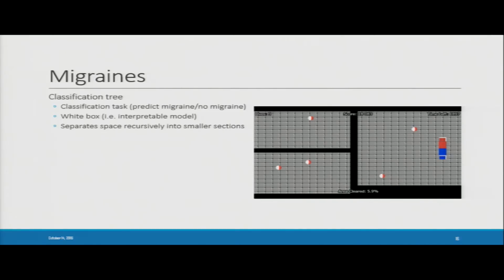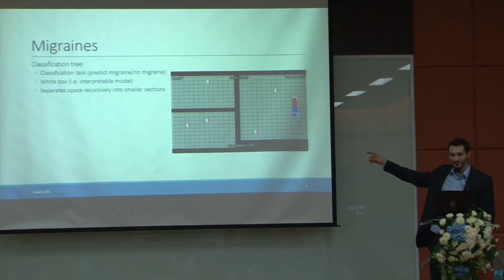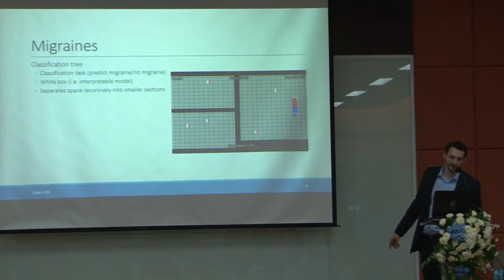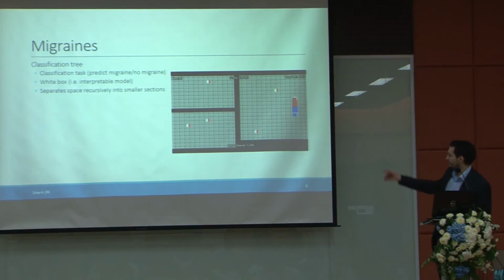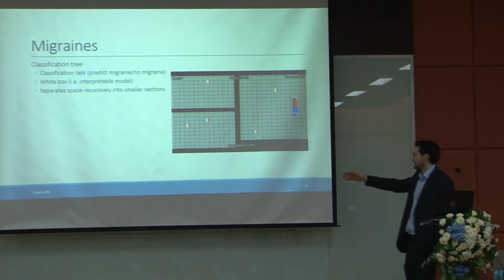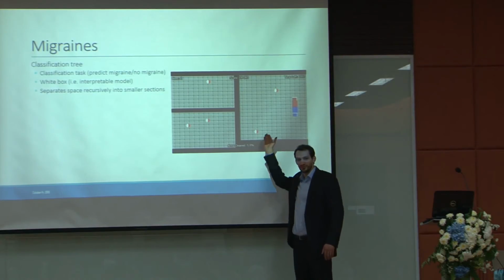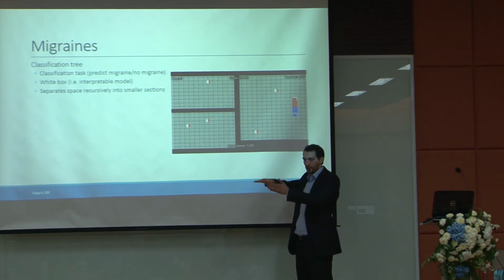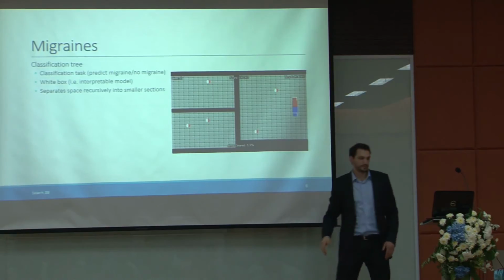So without getting too much into it, one of the algorithms that you can use for this is called a classification tree, which basically separates the space. So have you guys ever played this game? Do you guys recognize this game, or is this too old? You have played? Okay, so what you do in this game is you take the space and you try and slice it up into orthogonal sections, right?